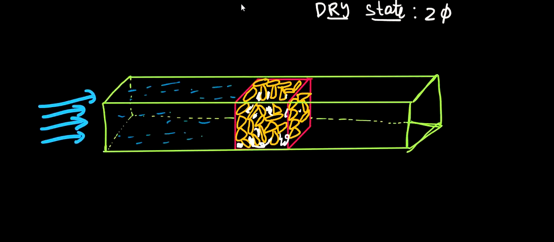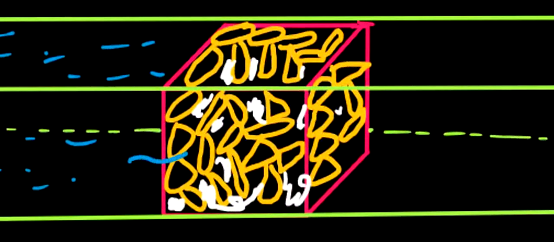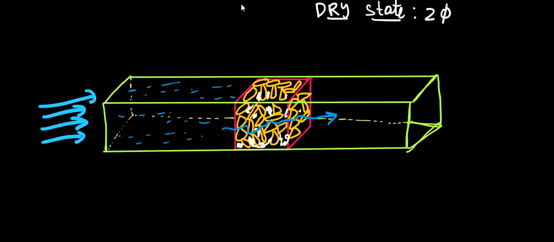Now the water molecules will start percolating, or permeating, into my soil sample. The flow path that was initially straight and free of any obstruction will have to face some obstruction, and the flow path will become tortuous, or zigzag, in nature.